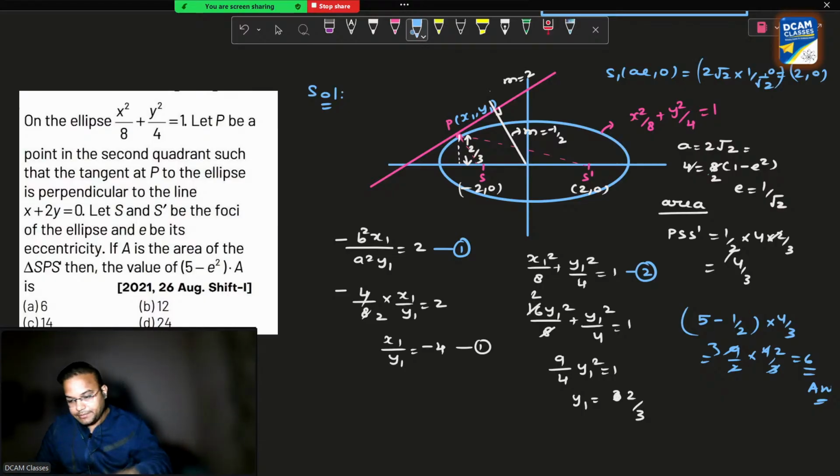See, could you understand? Sir, what is equation 1? Equation 1 is the slope of the tangent. Okay.